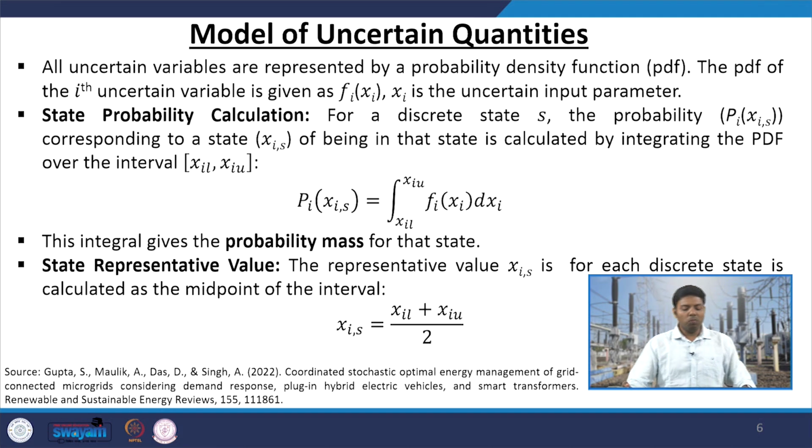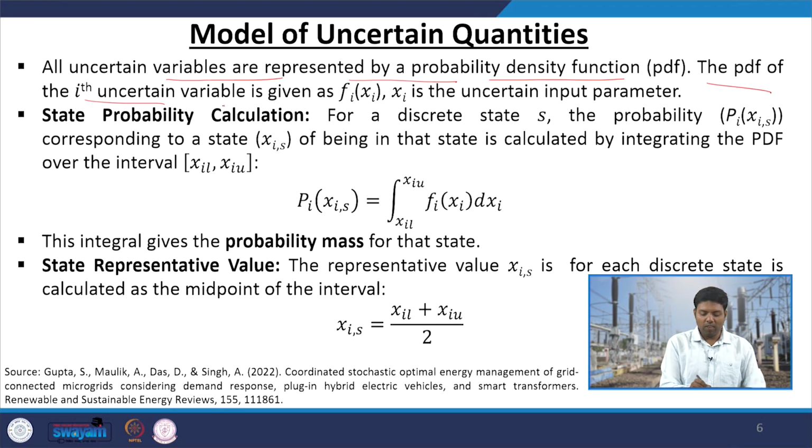Now, how do we model those uncertain quantities? All the uncertain variables are represented by a probability density function. The PDF of the ith uncertain variable is f_i(x_i) for the uncertain input parameter.